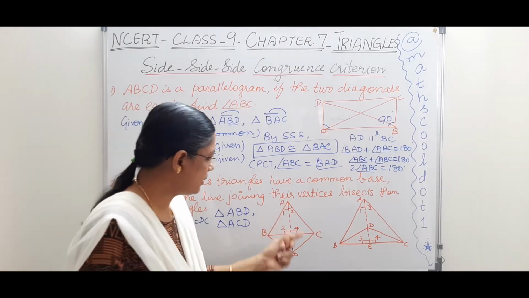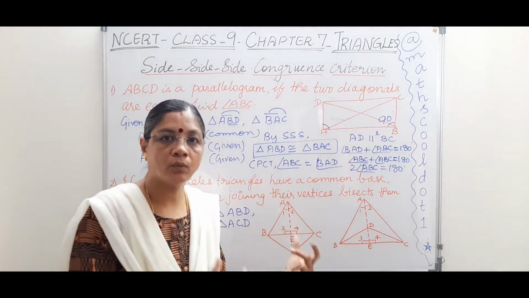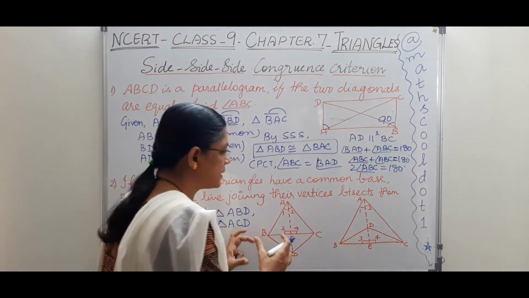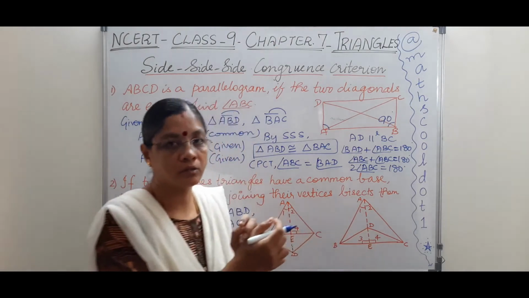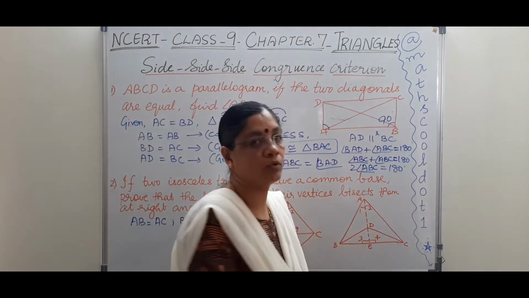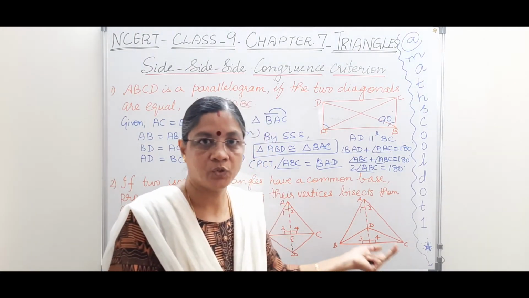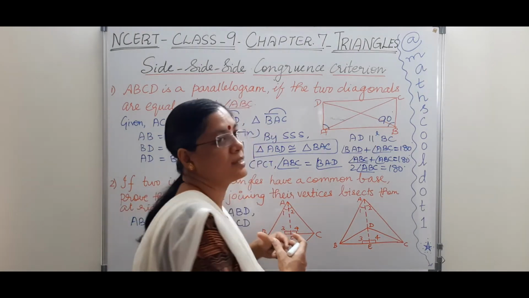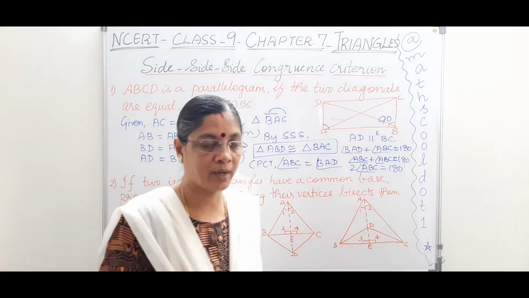See, I've taken ABD and ACD. Whatever triangles I spot in this diagram, the same thing can be done in that diagram also. So you can try it with the second diagram. Whatever we do with the first diagram, you can try out with the second diagram also. It will be very easy for you to understand.